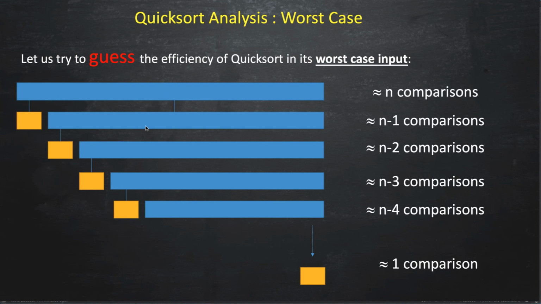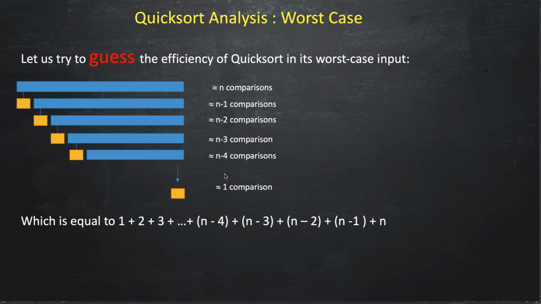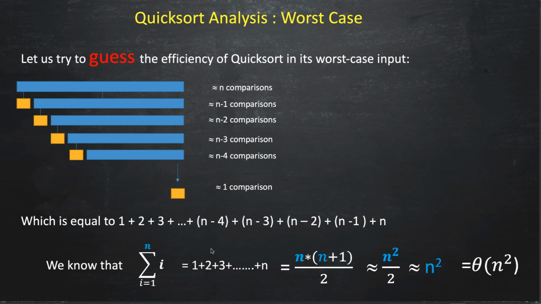In the next step we'll be doing n minus 1 comparisons, and so on. Because the array is partitioned at the first location, if we add all that up, it comes to a series, and if we solve that series, the answer comes to big theta of n squared.